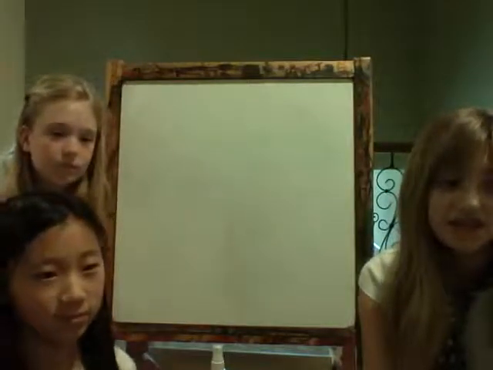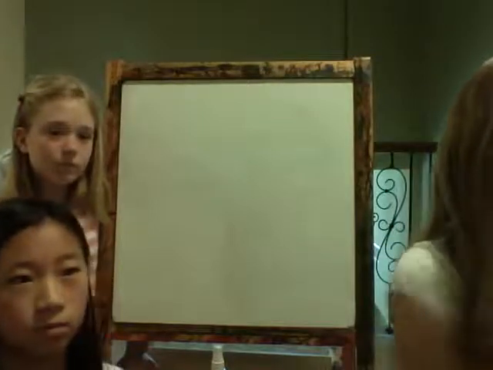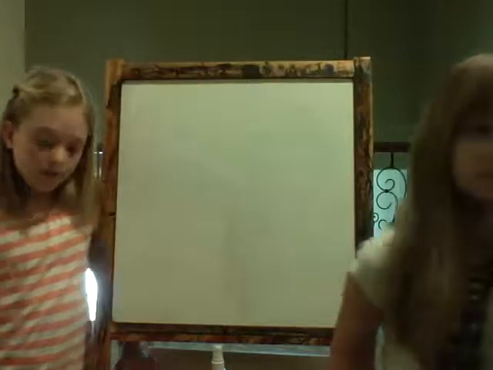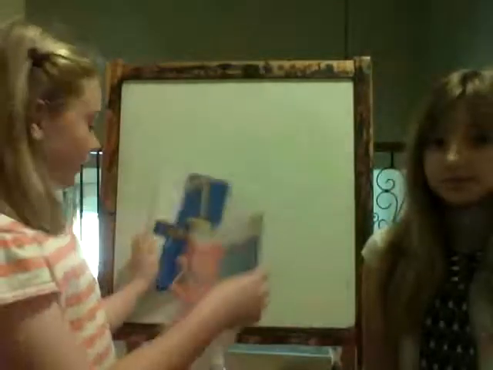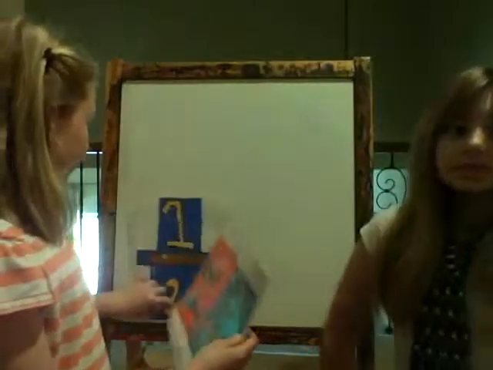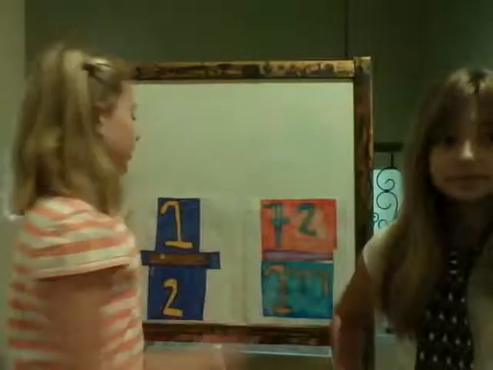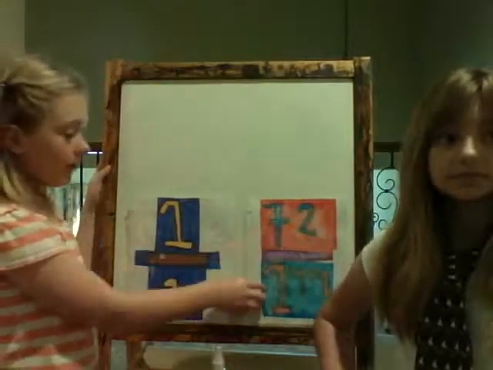The next question is, what is an equivalent fraction? Equivalent fractions are 2 fractions that have the same value. Would you like an example? Yes, I would. Okay. An equivalent fraction is 2 fractions that have the same value, as I said, and here's an example. 72 is half of 144.